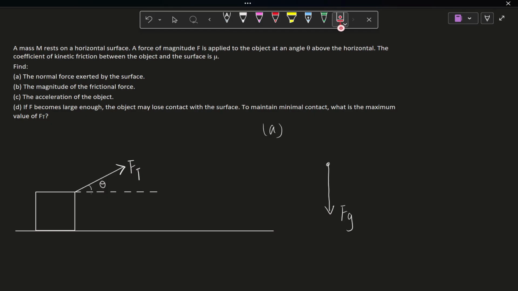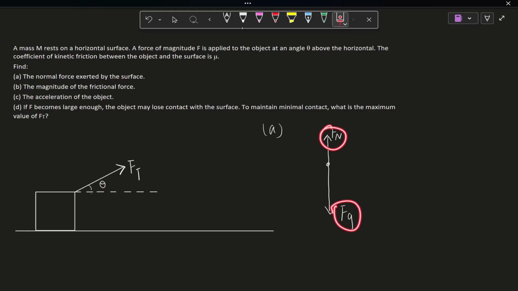Also, because this object is on a horizontal surface, there's definitely a normal force applied by the surface, and the normal force will always be perpendicular to the surface that the object is contacting. This will be the normal force. You may ask, why is Fn smaller than Fg over here?